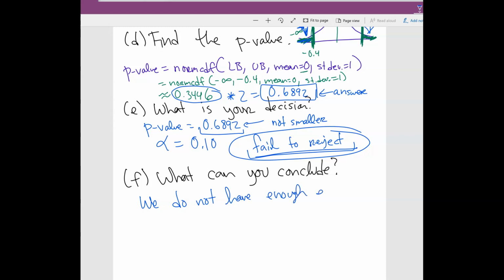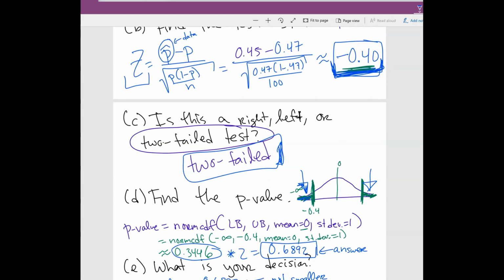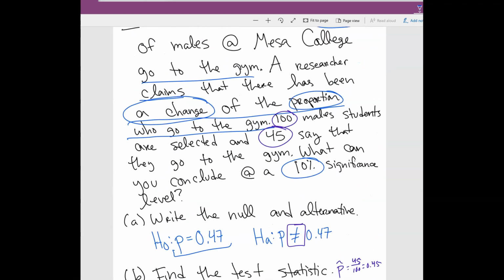So we do not have enough evidence to say what? Well, let's think about what my claim was. If we go back to the problem, what was the researcher thinking? He was trying to claim that there has been a change in the proportion.